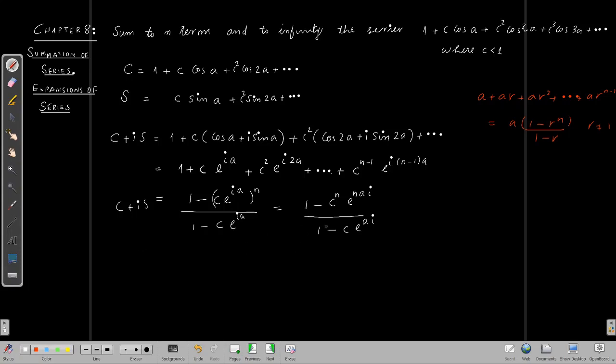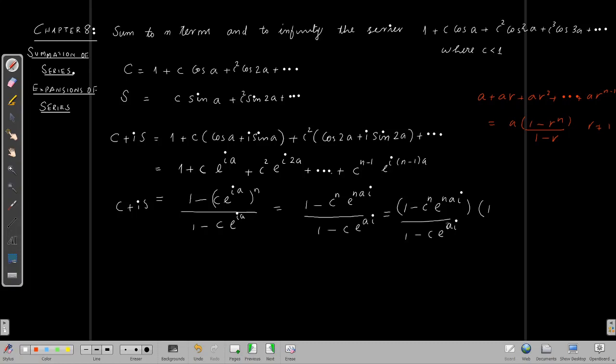So we wish to separate the real and imaginary parts of this RHS. For this, we multiply numerator and denominator by the conjugate of the denominator. Then the denominator will be the square of the modulus of the denominator. So we write this as 1 minus c raised to n e raised to niA divided by 1 minus c times e raised to iA, multiplied with the conjugate of the denominator.